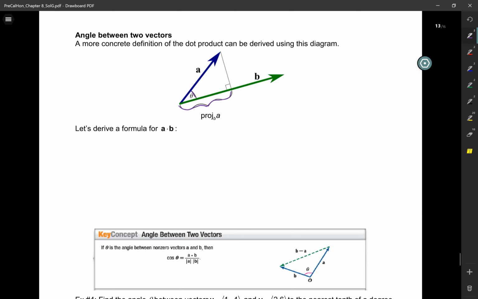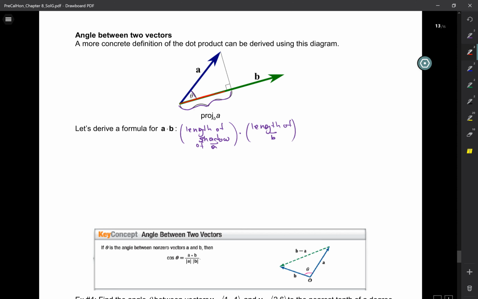Remember what we said, that this was just the length of the shadow of A times the length of B. Now, the shadow is this much.